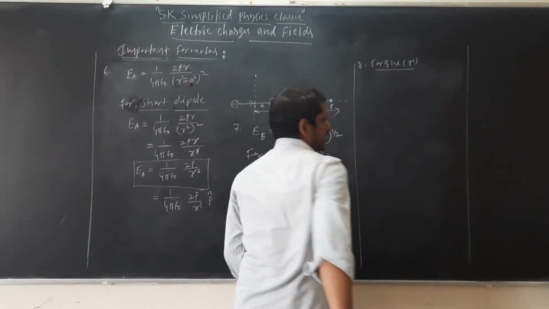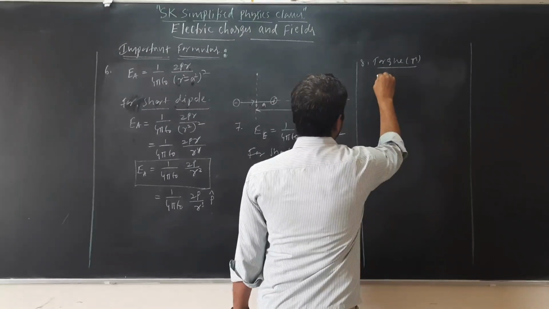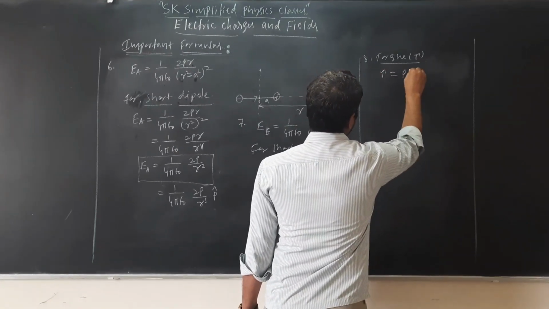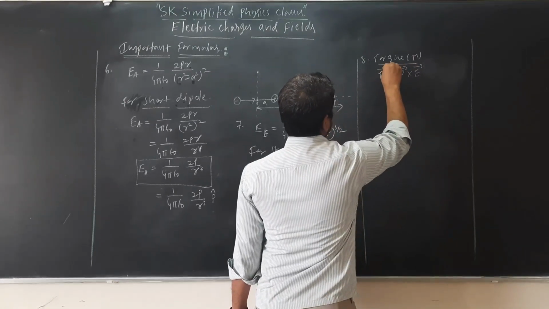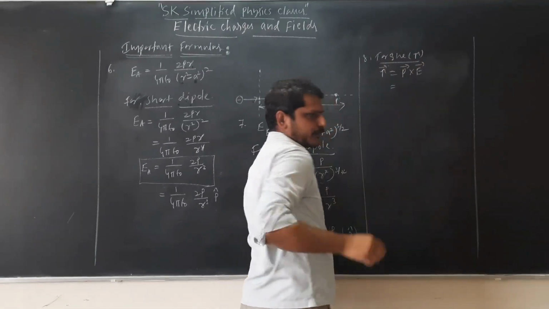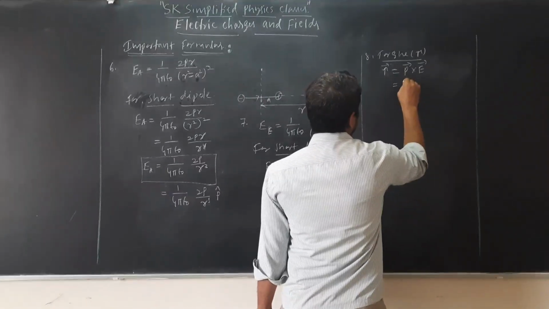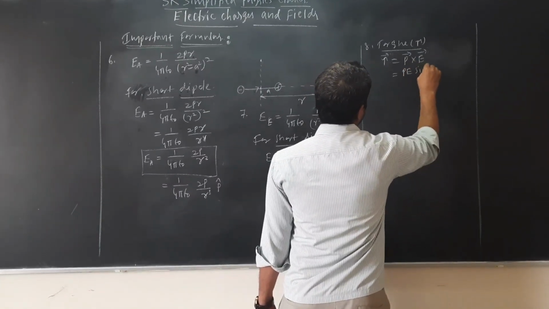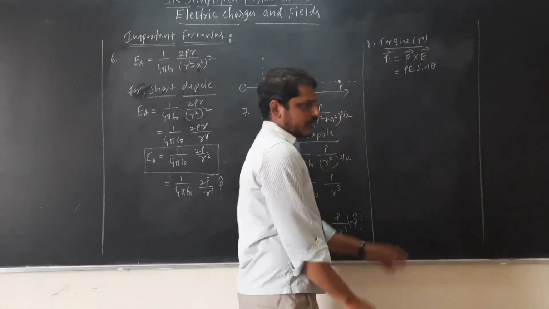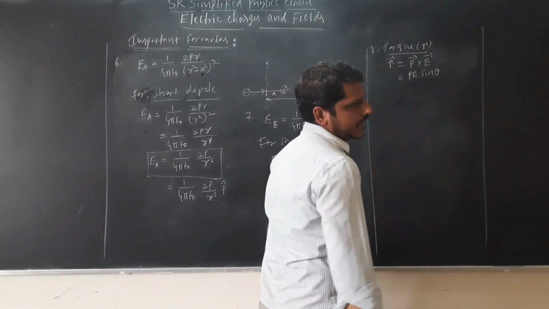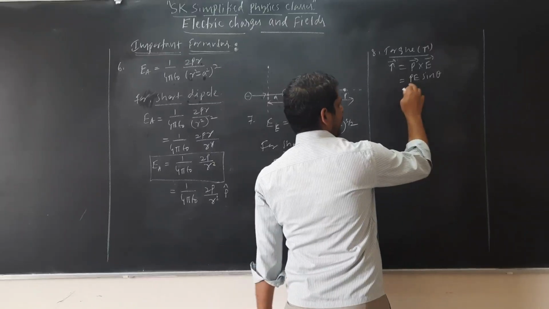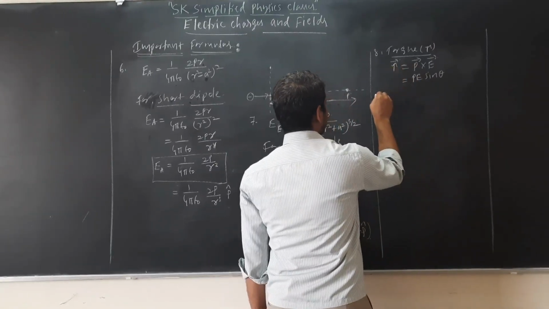Torque means force into perpendicular distance, so that is given by p cross E. This is the vector product, so it is given by pE sin theta, where p is the dipole moment, E is the electric field, and theta is the angle between p and E. This is the expression.